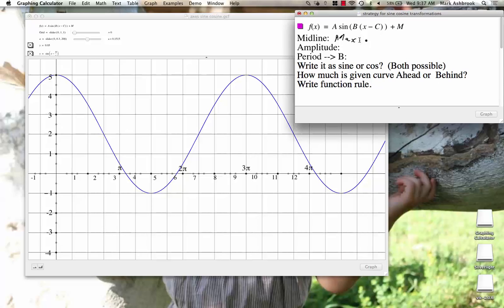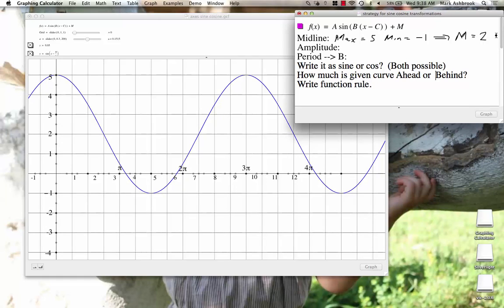So what's the max and what's the min? The max is 5, the min is -1, which means our midline is halfway between those, or the average of those two: 2.